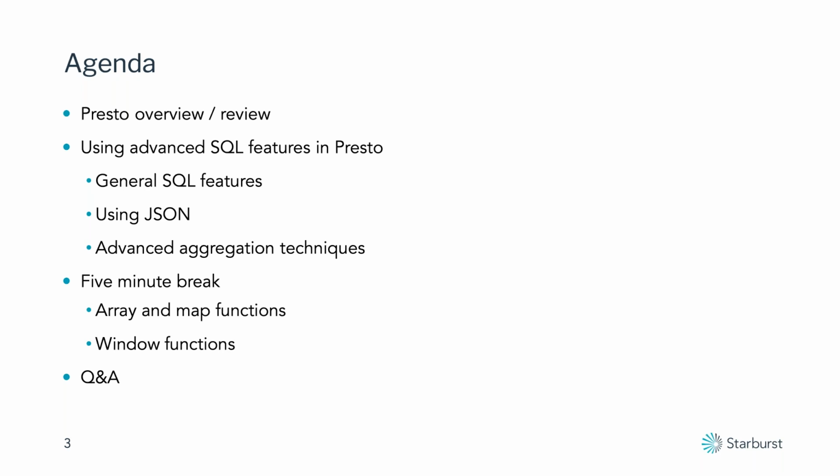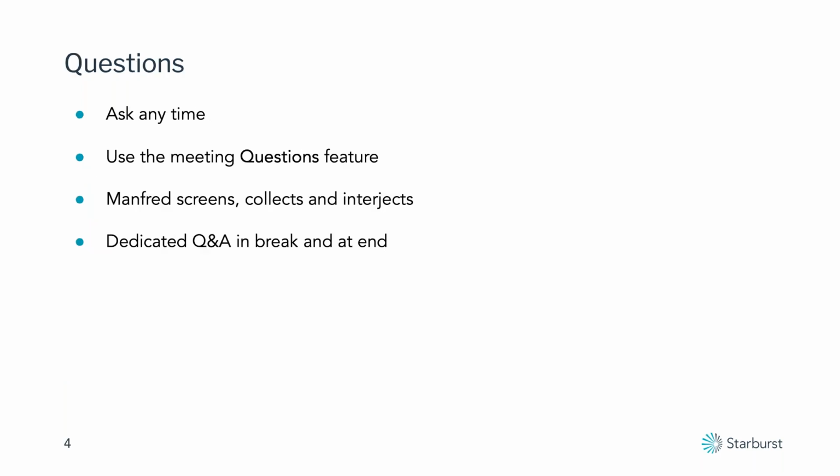We'll talk about aggregation techniques with SQL, and then we'll have a little bit of a break because that's going to take us already close to an hour to get there. After the break, we'll talk about array and map functions, window functions, and during the whole session, we'll also take questions. So in the end, we'll have a dedicated Q&A session as well. Want to jump to the next one, David?